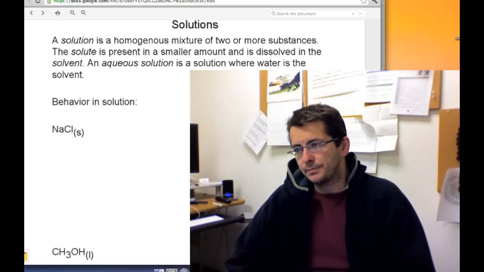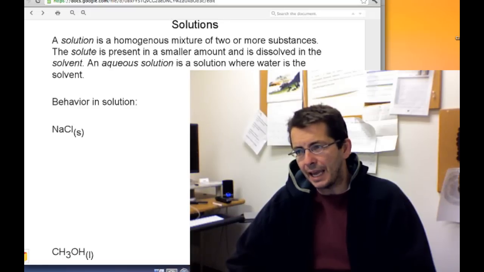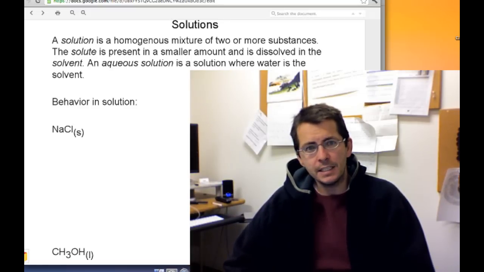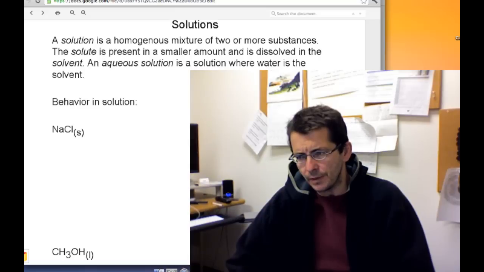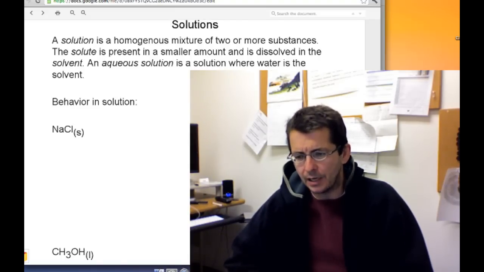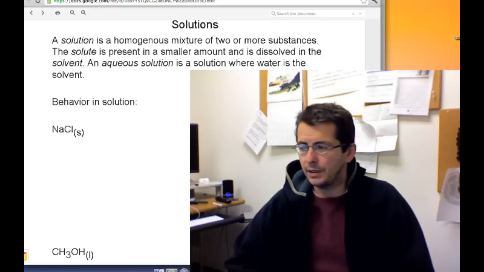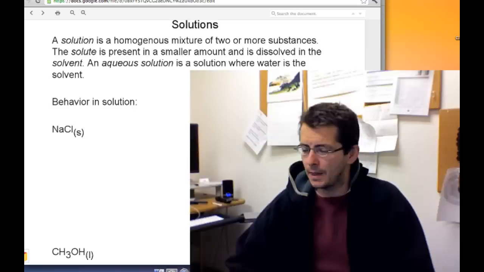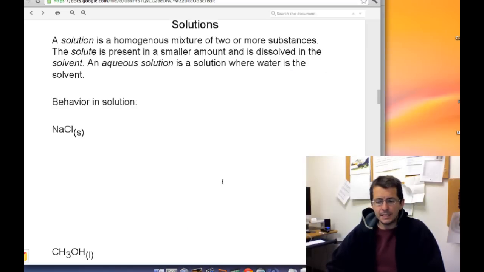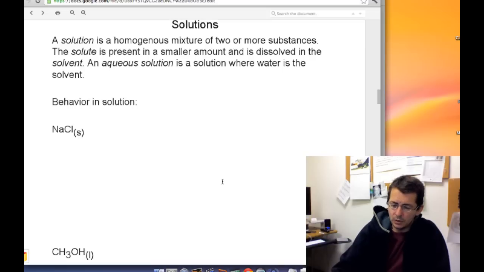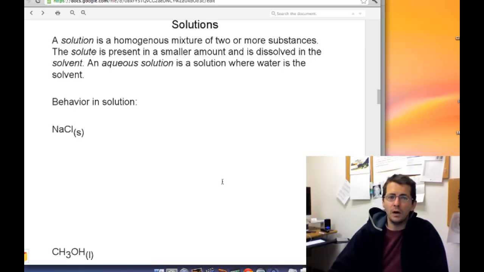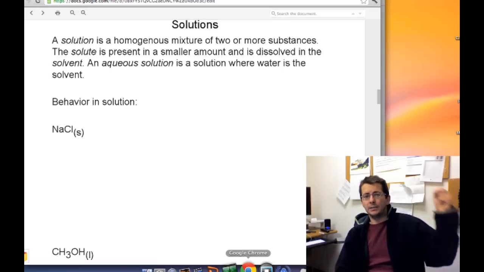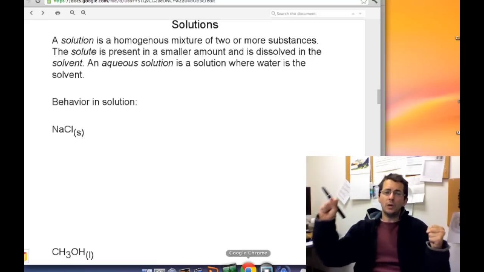So, let's talk about the behavior of things in solution. We spent all this time talking about ionic compounds, and when those materials dissolve in water, they don't stay discrete. If you take sodium chloride and you plunk it down into water, what will happen is the sodium ion will dissociate from the chloride ion.